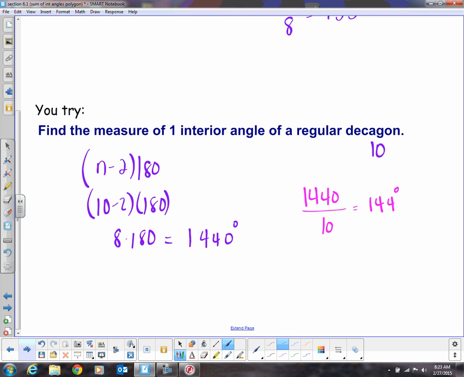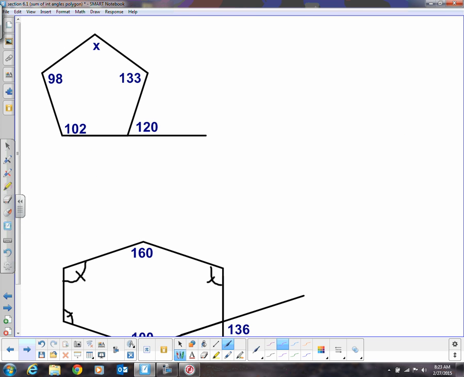This is another way, and first period did really well with this. All right, so how many sides? 5. So there are 5 sides. Now, the goal is to find x. If this were a triangle, and I told you this was 10 and this was 30, could you find this?